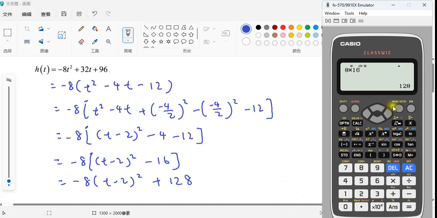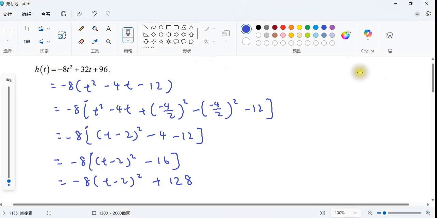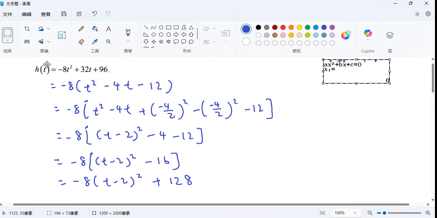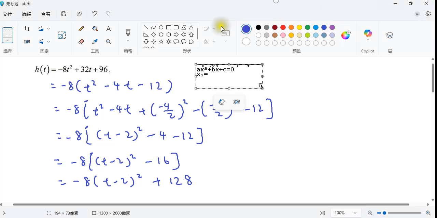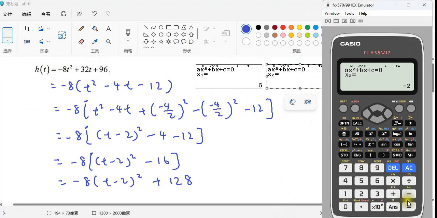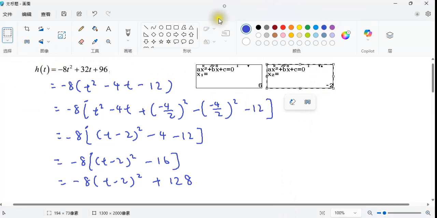Okay, we can easily check the answer using a calculator. Equation, polynomial degree 2, negative 8 and then 32 and 96, then we will have 6 as one of the roots, and then we will have negative 2 as the other root, and then we will have x equal to 2.